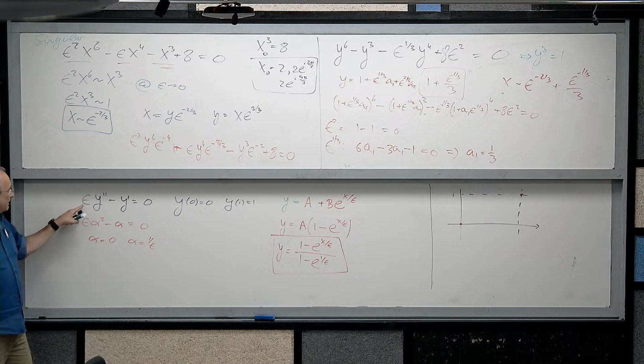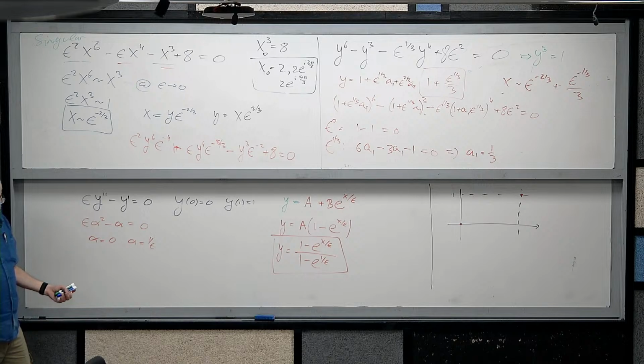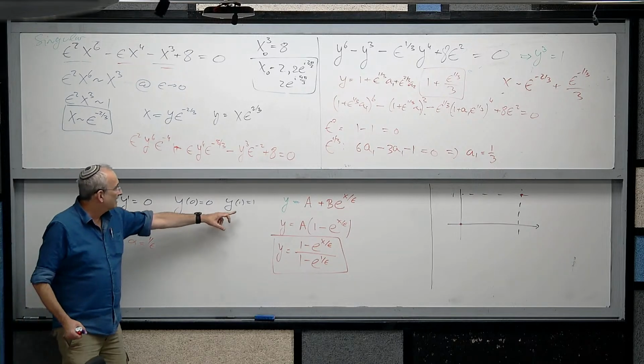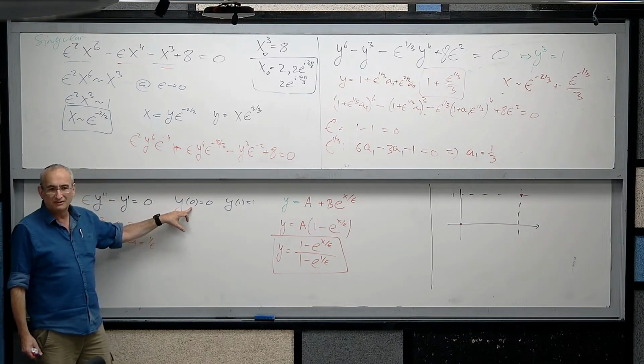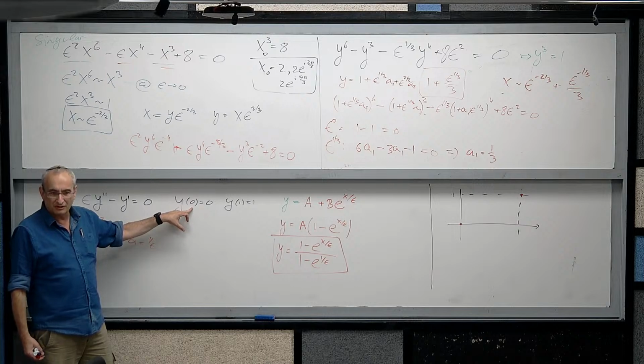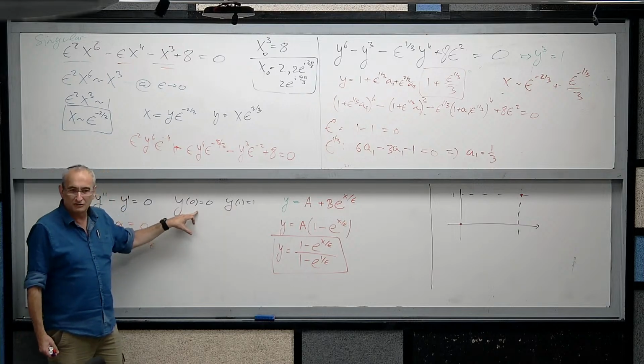If I'm taking epsilon to 0 naively, so just taking this term to be 0, what will be the answer for this equation? y prime equals 0, then y is a constant. And if y is a constant, I cannot satisfy these two. There is no solution to the equation because I cannot satisfy the boundary conditions.